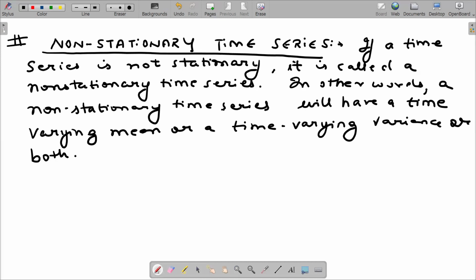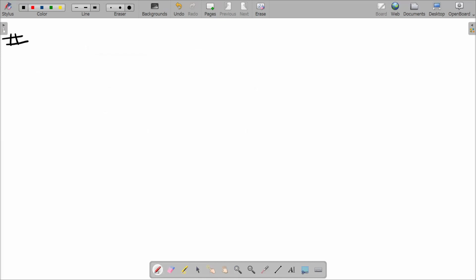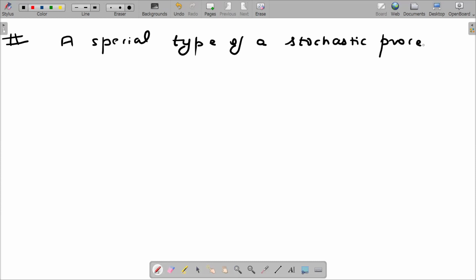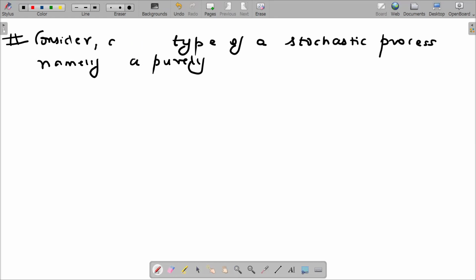So if I erase all this off, I can now write: consider a special type of a stochastic process, namely a purely random or a white noise process.